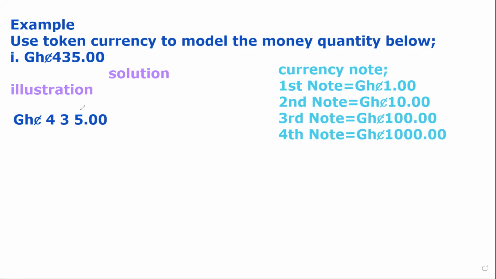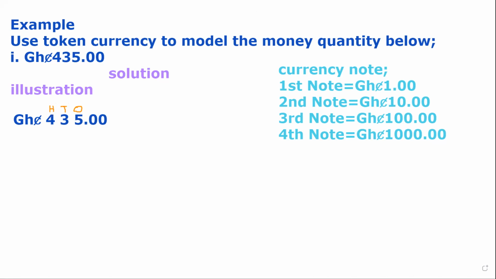Because it ends with no zero, this number becomes our least, the ones, and this one the next, and this one our hundreds position. So the 5 here occupies the place of ones, the 3 here occupies the place of tens, and the 4 here occupies the place of hundreds.